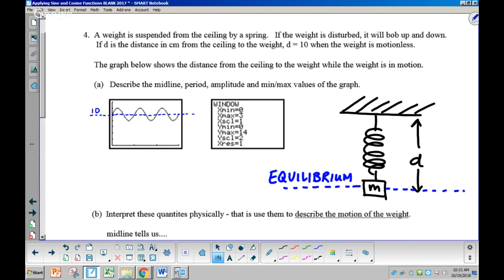The X scale is in increments of 1, and the Y scale is 2, starting at 0. So this is 2, 4, 6, 8, 10, and then 12. And this is going to be in 1 second, 2 second, 3 second increments. This scale is going to be in time, and this is going to be in distance at some time.